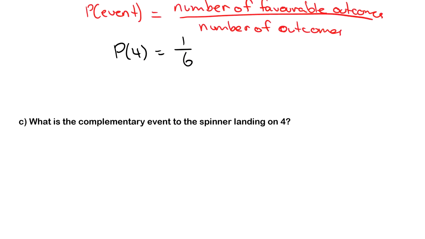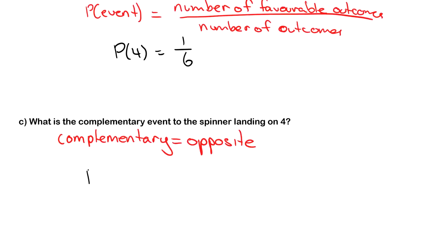Now what is the complementary event to the spinner landing on 4? Well, it is all other events occurring. Therefore, remember, your complementary event is just your opposite. So for 4, our complementary event, so 4 with the bar above it to recognize that it's complementary.